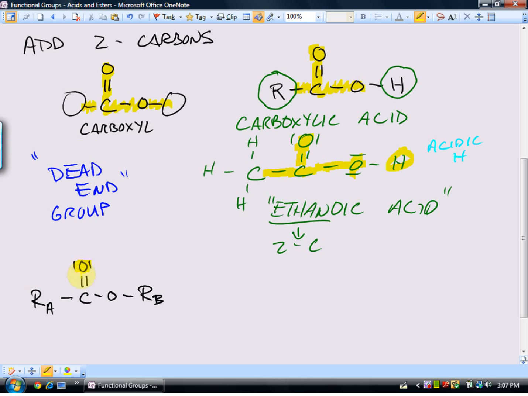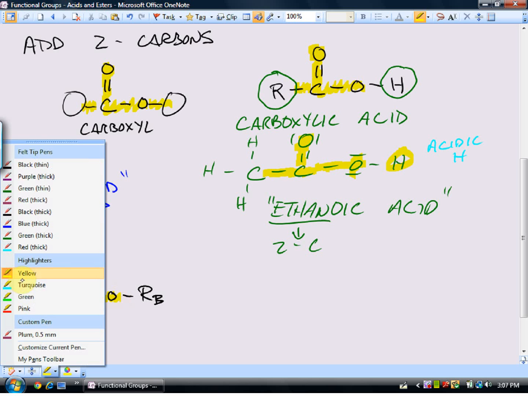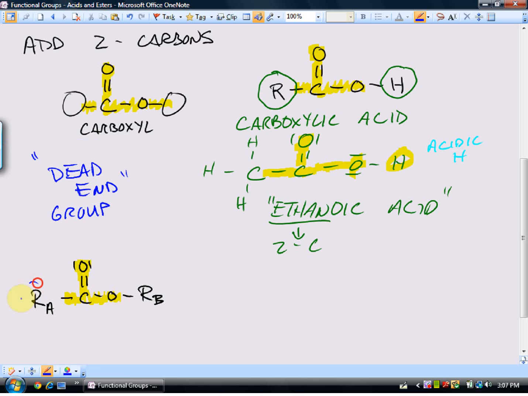So again, here's our main focal point, that carboxyl group. And now it's connected to the carboxyl group. There's a carbon group on one side and a carbon group on the other side. This type of functional group is called an ester. Don't get esters confused with ethers. They both start with E, but they're very different structures.